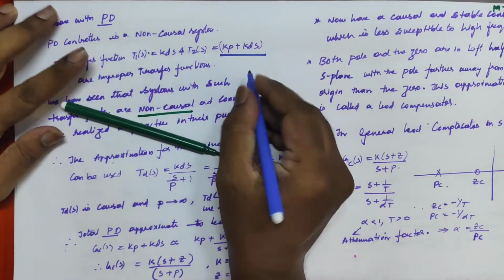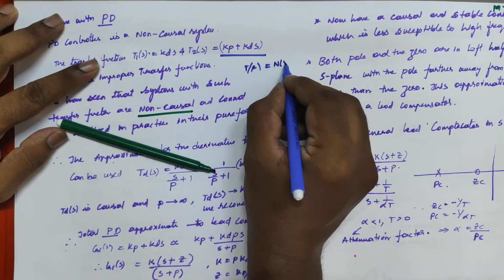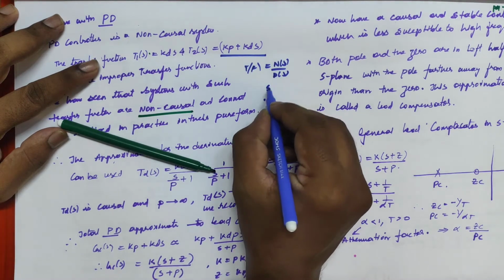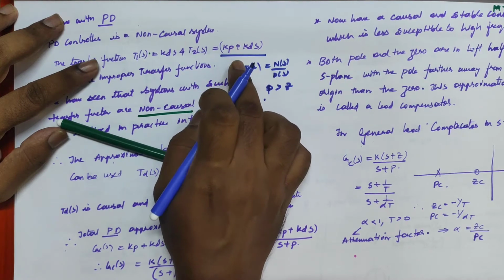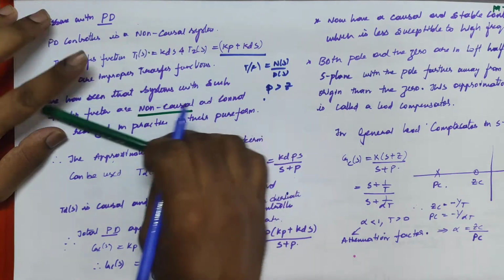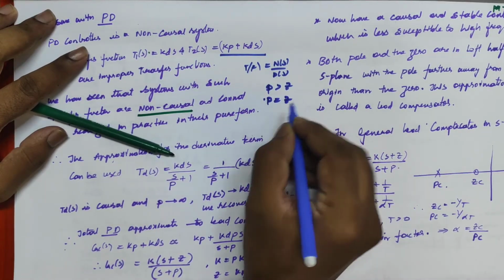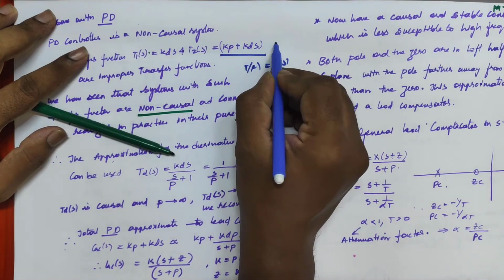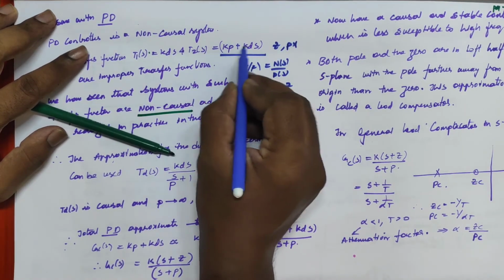For any transfer function with a numerator over a denominator, the number of denominator poles should be greater than or equal to the number of zeros. Here, for this function there are no poles. Our job is to incorporate poles to realize the system, either making p equal to z, or p greater than z. But for this function, only z is there and there is no p. So this is not physically realizable.